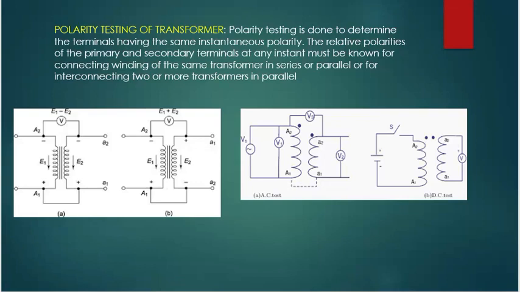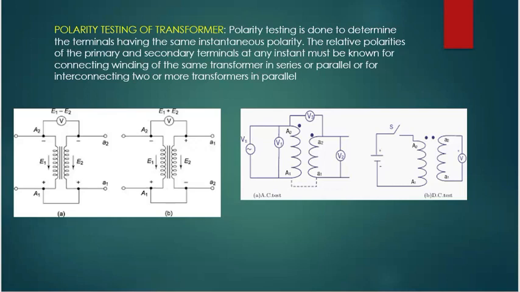Polarity testing of transformer is another important test for parallel operation of transformer. On the primary side of a two-winding transformer, one terminal is positive with respect to the other one at any instant. At the same instant, one terminal of the secondary winding is positive with respect to the other one.